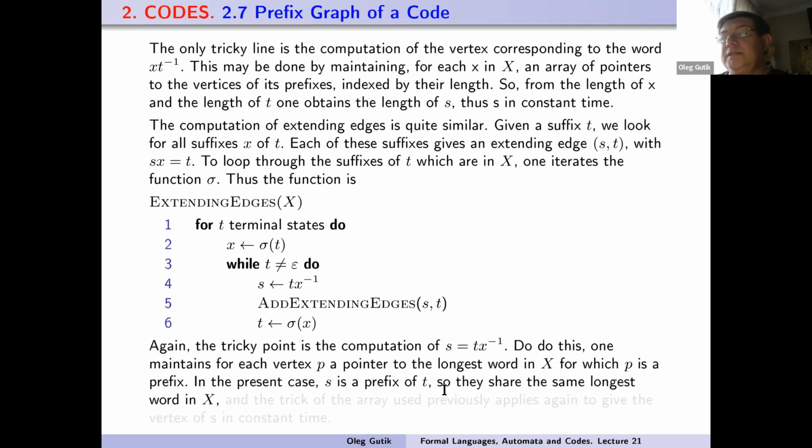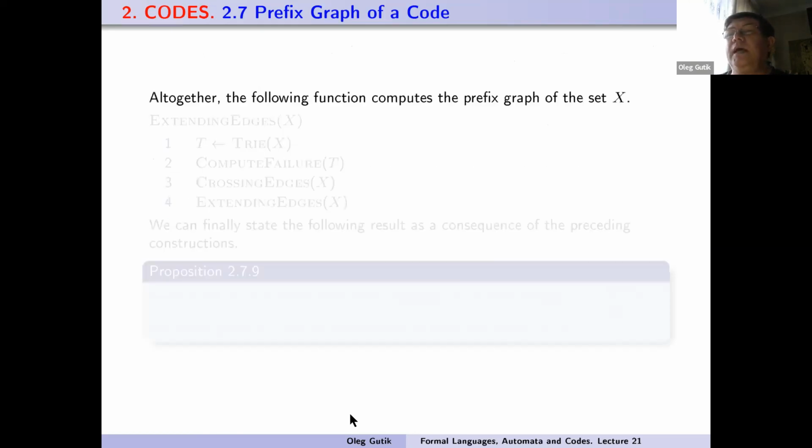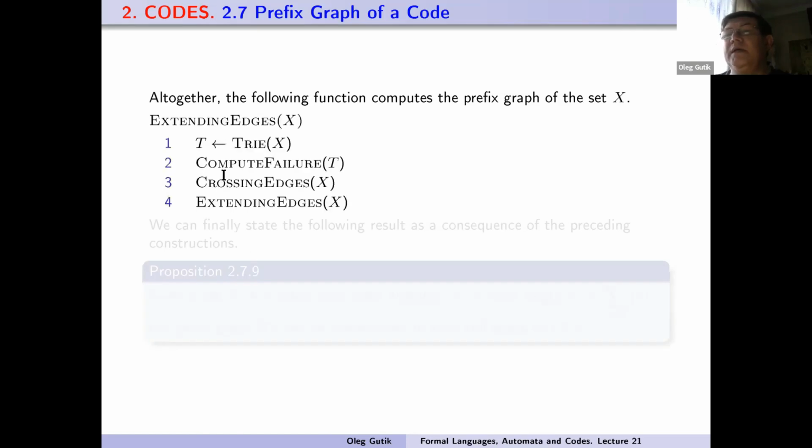In the present case, the word s is a prefix of the word t, so they share the same longest word in the set X, and the trick of the array used previously applies again to give the vertex of the word s in constant time. Altogether, the following function computes the prefix graph of the set X.